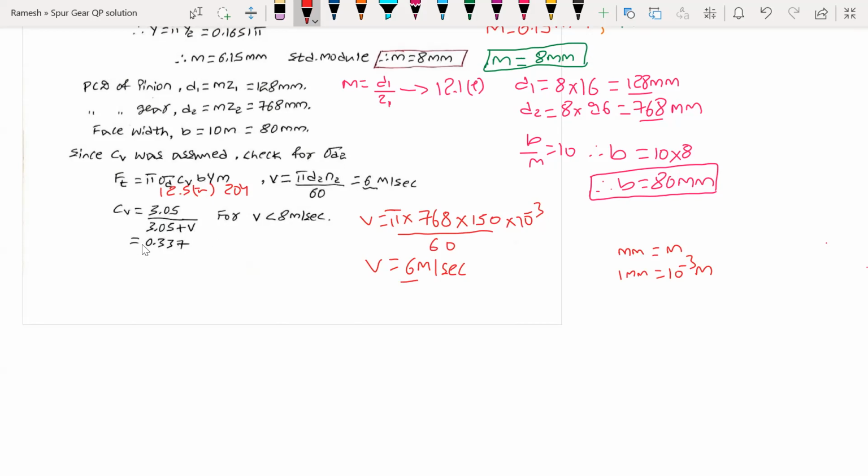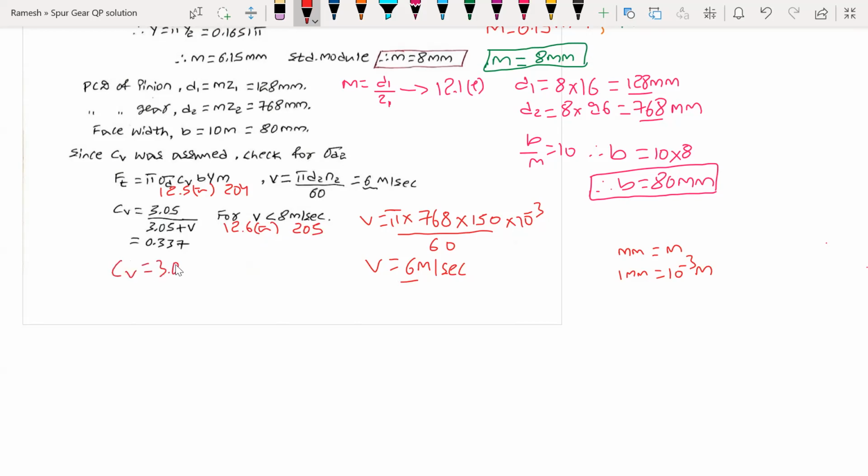Now here the velocity we obtained is 6 meters per second, which is less than 8 meters per second. That means I can use this equation, 12.6a, which is there in page number 205. I'm going to use this equation and substitute the values.